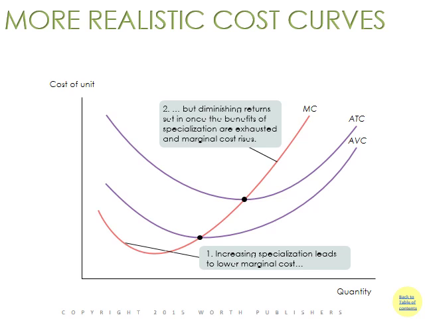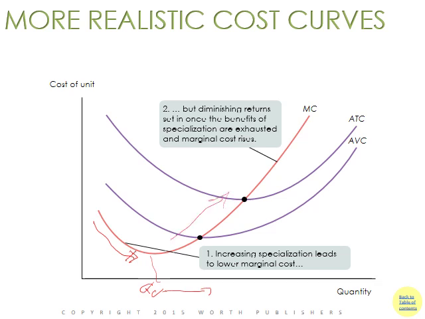Here you can argue that it's an empirical question what the shape of a firm's cost curves is going to be. And here the argument is it's more realistic in the sense that when you're increasing output, initially you have marginal cost decreasing. And then beyond some output level, we'll say beyond Q0, marginal cost starts to increase.